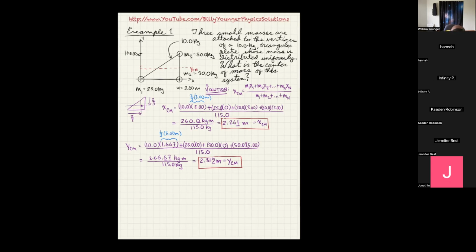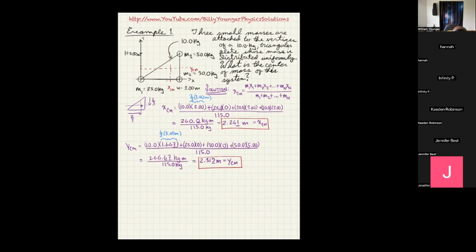And then the XCM, we found out that was 2.261, which is more than 2/3 of the way to the 3. This is 2/3 of the way, and I go a little bit further. So maybe this is roughly where the XCM is.